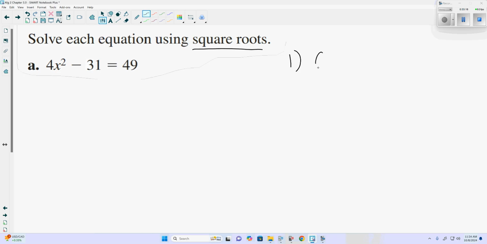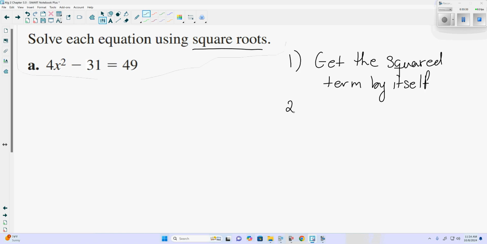And the first step is to get the squared term by itself. And that's either going to be x squared or a set of parentheses squared.